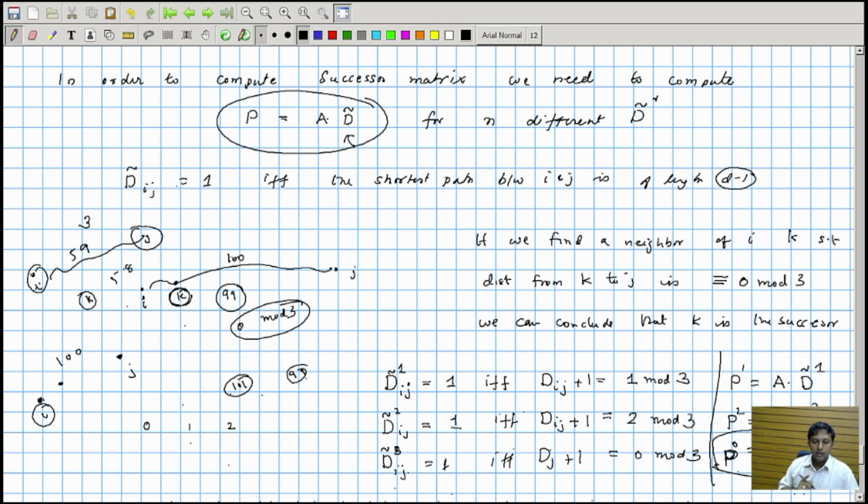K to j distance, if it is 58, is certainly 1 mod 3. So you look at all the ij entries such that the distances are 1 mod 3, and amongst these you should have a witness.